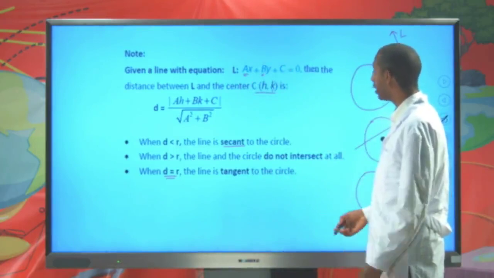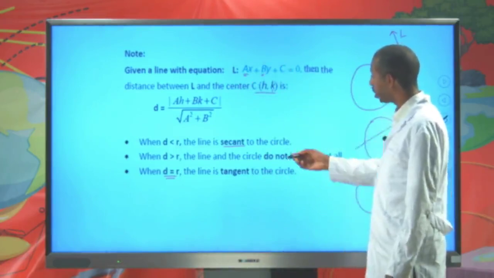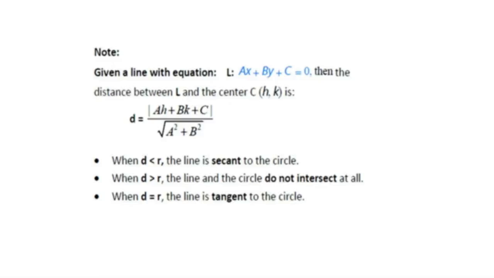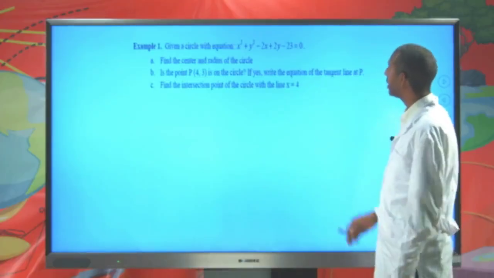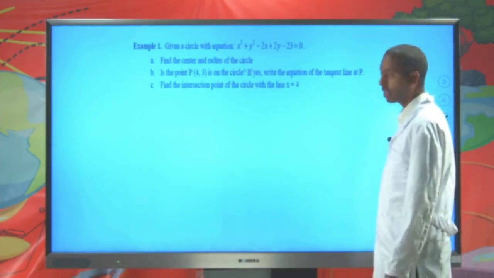And you can easily see their relationship, whether they intersect at 2 points, or whether they do not intersect at all, or whether the line intersects the circle at exactly 1 point, we may just use this formula. Good. So this example is given: x squared plus y squared minus 2x plus 2y minus 23 is equal to 0. Now we are required to find the center and the radius of the circle.